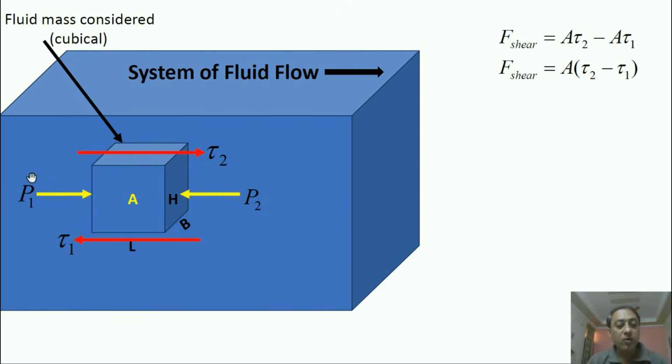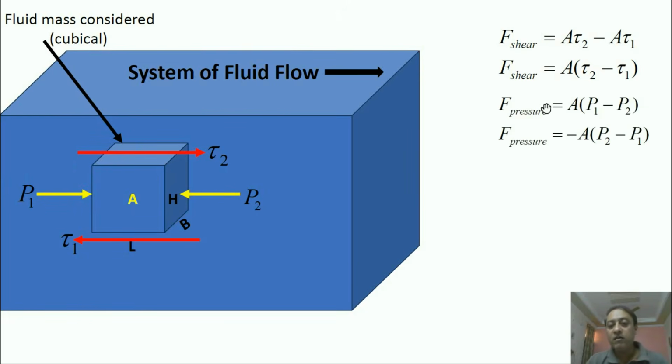If we want to convert these pressures into forces, we know that force equals pressure into area, and A is the area of each face of this cube. So this is the force applied due to pressure: area into P1 minus P2 inside the bracket, the reason being P1 is greater than P2. I can rearrange the right hand side as P2 minus P1 inside the bracket, so the minus will be outside. So this is the force applied due to pressure.